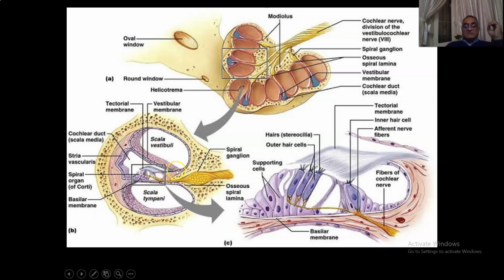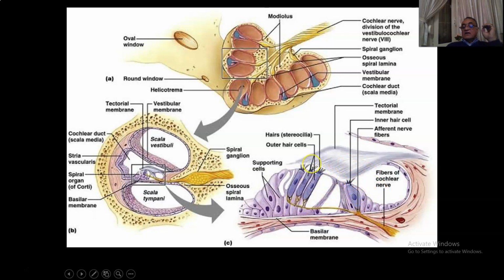And there is a fixed membrane carrying the cilia of the hair cells. This is a magnification of the organ of Corti. You see that it is resting in the cochlear duct, the scala media, on a basilar membrane, separating it from the scala tympani, and it consists of supporting cells and hair cells.